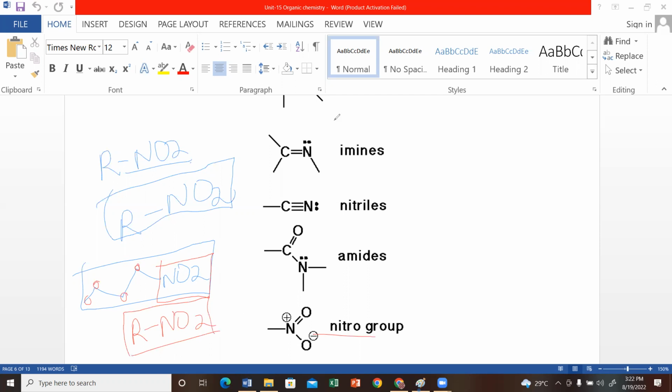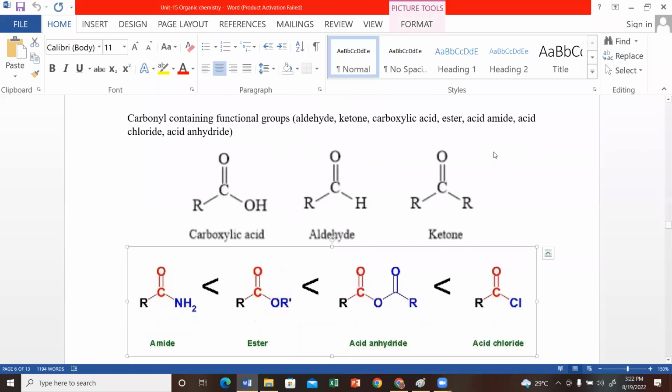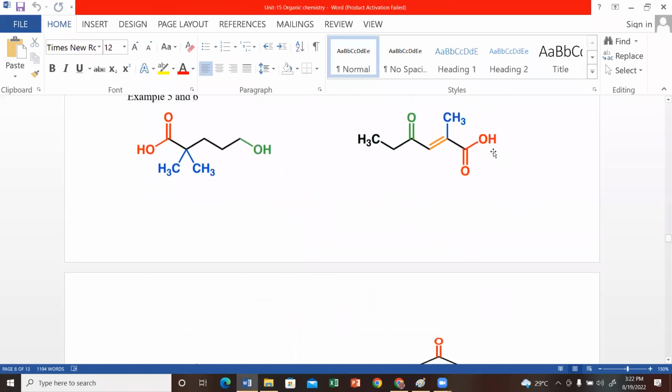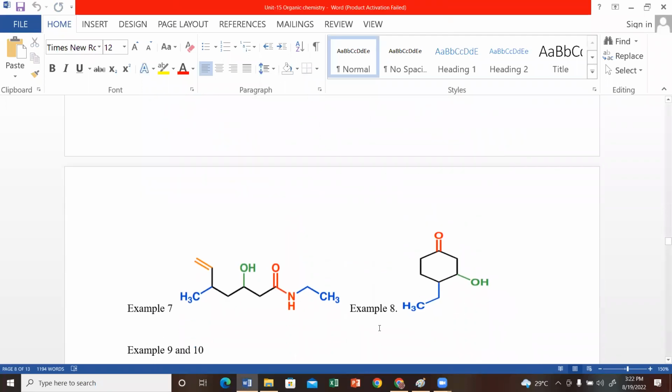Now let us do some working examples from the compounds. I have a compound over here in example number 7. If I want to identify the functional groups that are present, I'm just going to start from the previous understanding.